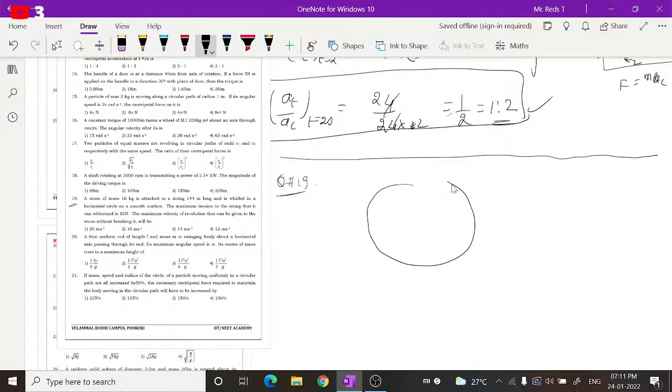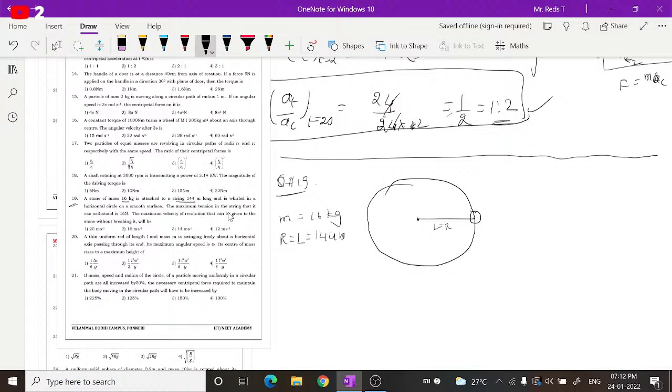Here is the center and here is the stone. The length is acting like the radius of the circular path. Its mass is 16 kg and the string length is 144 meter. So radius is nothing but length, equal to 144 meter, and mass m is 16 kg. It is whirled in a horizontal circle on a smooth surface, which means there is no friction.